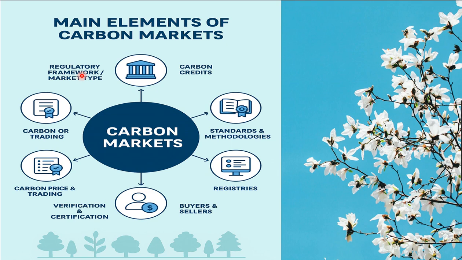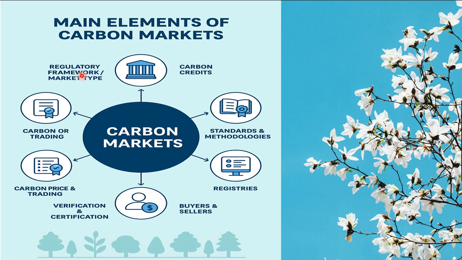Similarly, many countries have created laws and regulations for the entities to do these tradings, with different rules and different articles within the rules. So these are the regulatory frameworks from which these carbon markets have evolved.